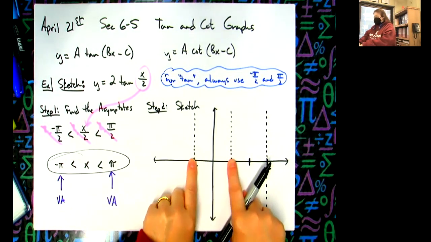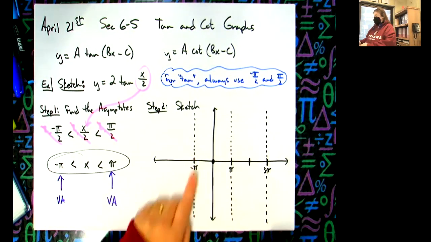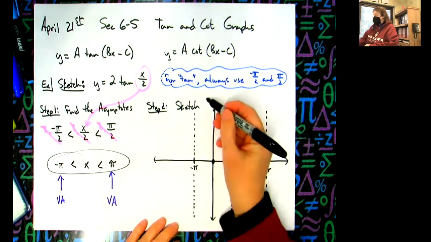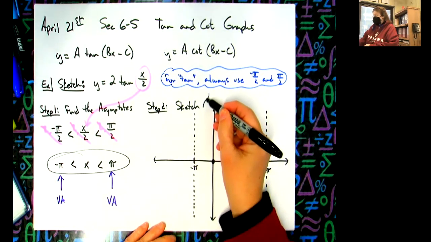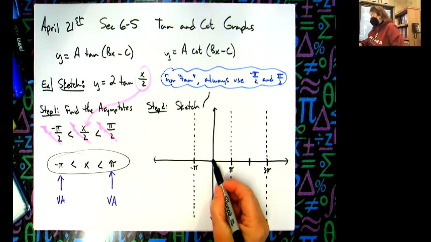Now for our tangent graph, in this period, the center, we're going to put a dot, because we know what tangent looks like. Tangent is almost like the x to the third graph. Now we're going to put the center dot in, because I'm going to have you put 3 dots in for our sketch.